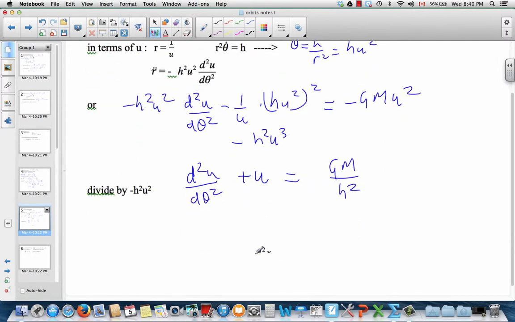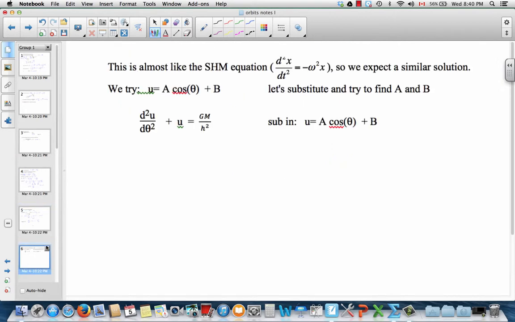Now, that looks a lot like simple harmonic motion, because a second derivative ends up equaling the function itself. And of course, for a second derivative, we know that cosines and sines work. So let's substitute this u equals a cos theta plus b into the equation. This is our rearranged radial equation. So we've got to do two derivatives of u.